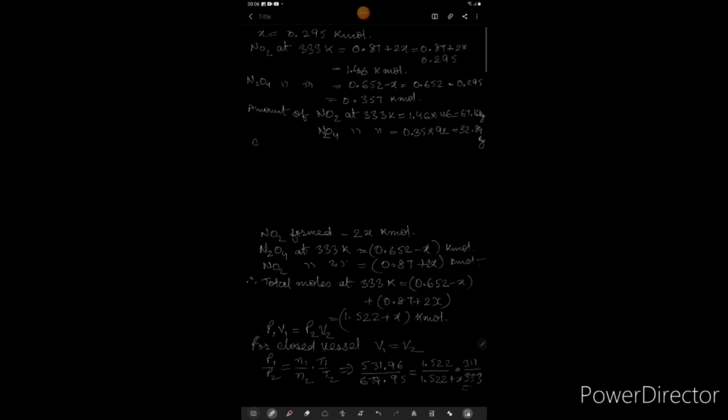So composition of gases at 333 Kelvin: two components are there, NO2 and N2O4.